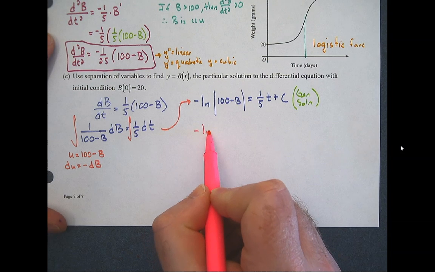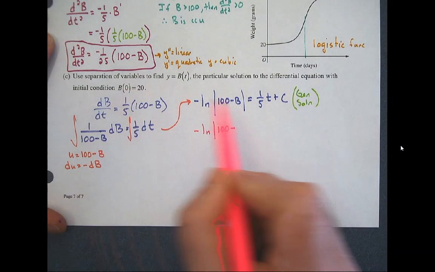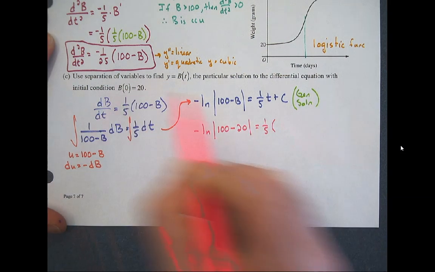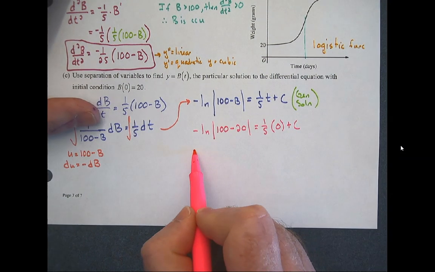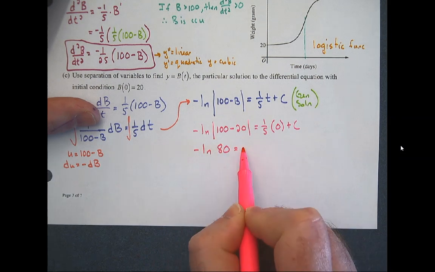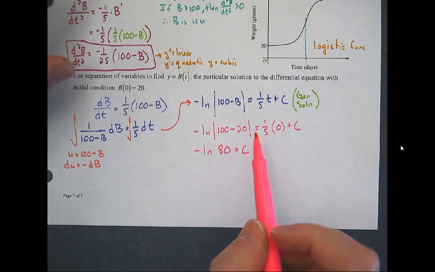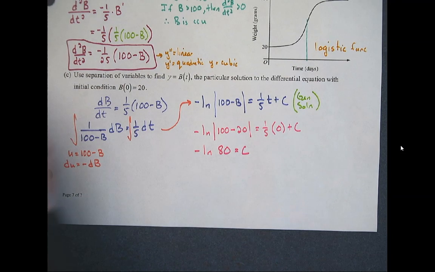So negative natural log of absolute 100 minus B, where B would be 20, equals 1/5 T, where T would be 0, plus C. So negative natural log of 80, I can drop the absolute values because 80 is positive. And then I get C equals negative natural log of 80. Nice. So let's now plug this C value into our general solution.